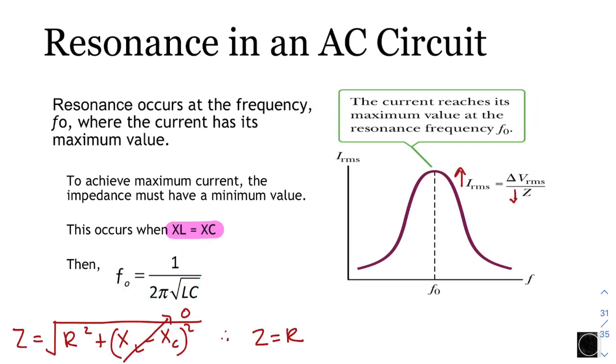This equation is actually coming from this one, where XL, which is 2 pi F L, is equivalent to XC, 1 over 2 pi F C. Rearrange this equation. This F is the F naught, which is here. So you will get this formula from this step.